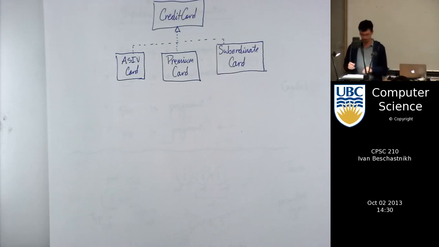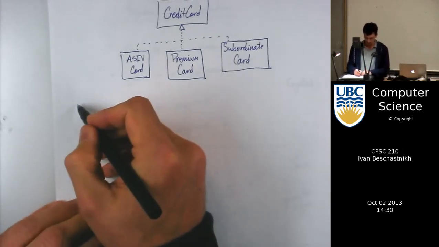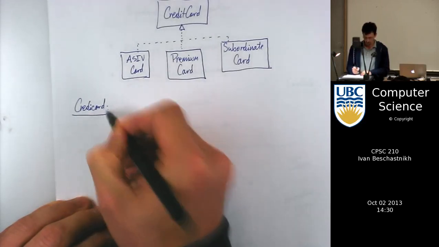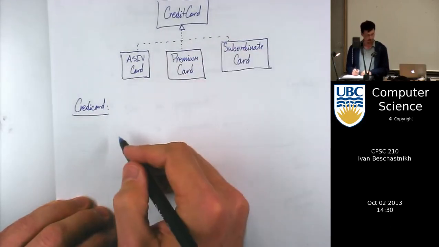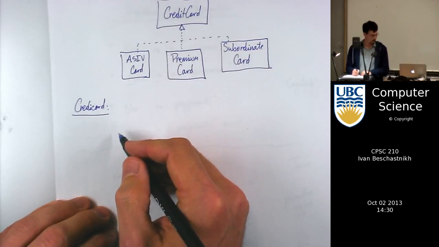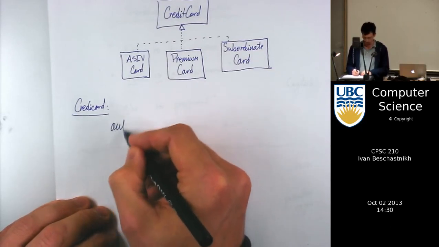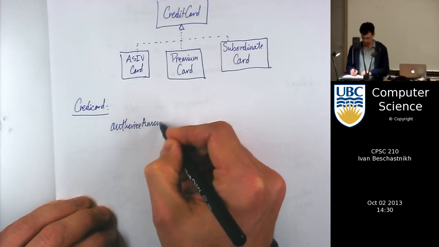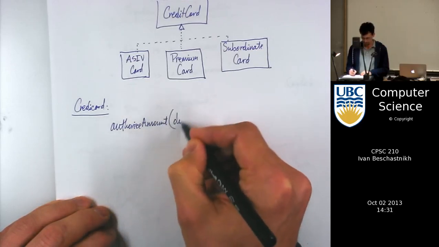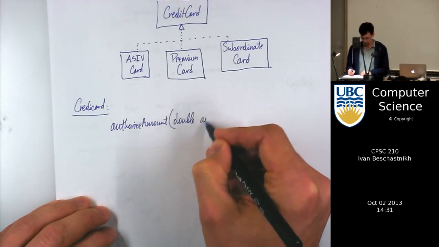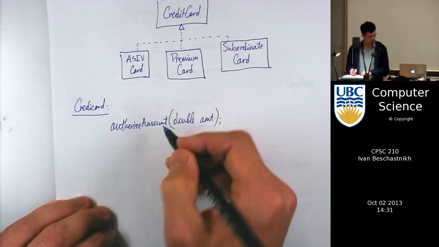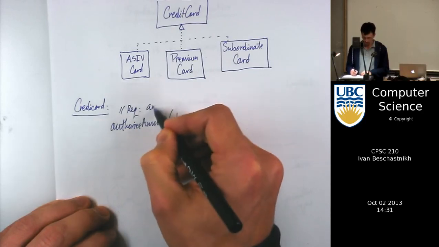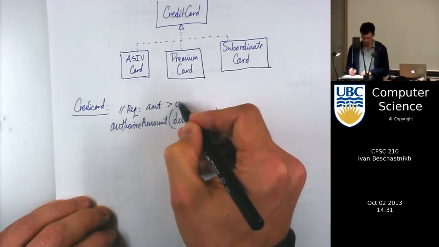All right, so we can look at the preconditions for the credit card interface for the authorized amount. You have a statement like this, and the requirement is that amount is greater than 0.